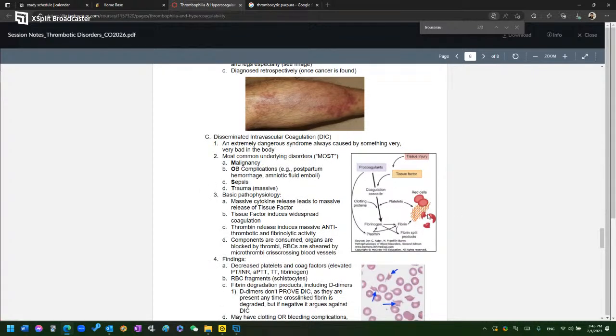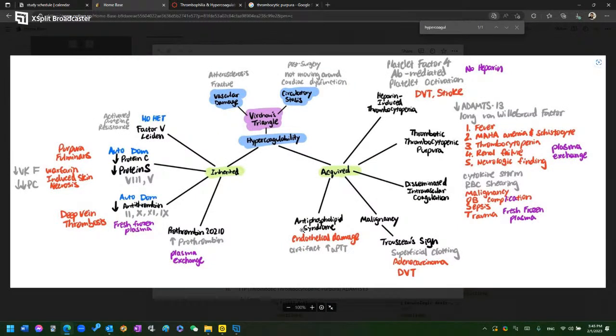And this was the shearing of schistocytes we're talking about for DIC. His acronym is MOST: malignancy, OB, sepsis, trauma. Causes of cytokine storms. Okay, that's good. MOST right there.